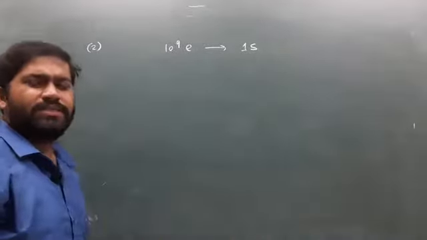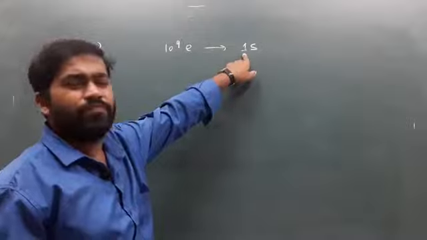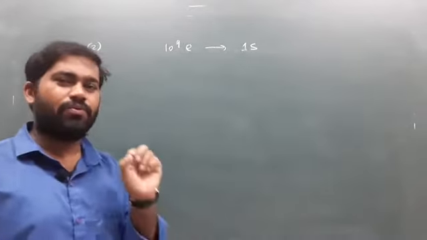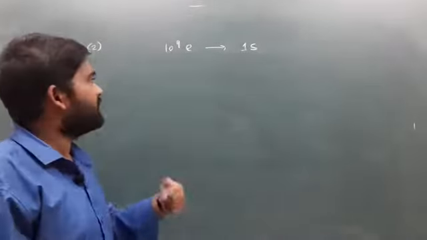So what is given here? In 1 second it emits 10 to the power 9 electrons. So what is the charge of those 10 to the power 9 electrons?